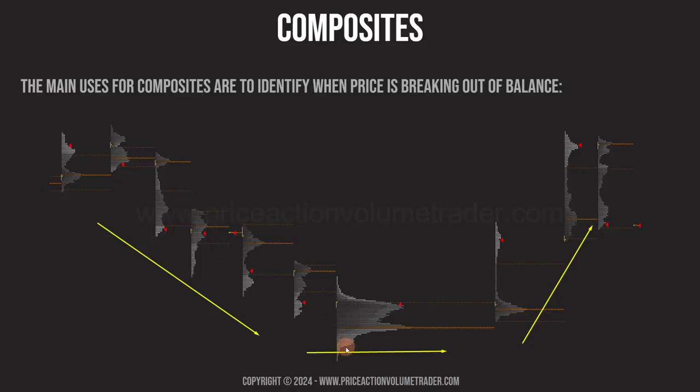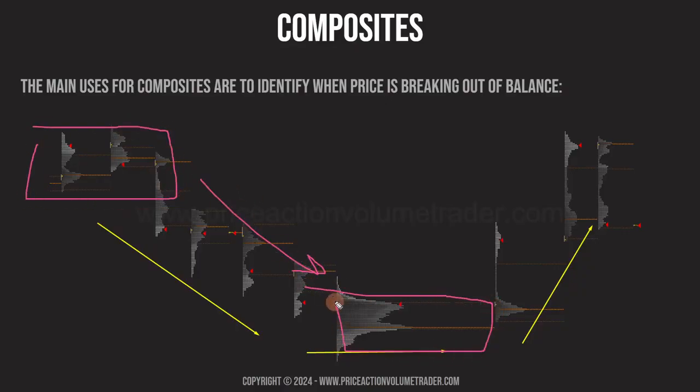Okay, we have here, for example, a market where there's a clear balance, imbalance, balance again, imbalance, and then we not only use this to identify breakouts, but also once we do have an impulsive or a trending move, we can use the composites to set targets or look for areas where price is probably going to be finding some friction and consolidation.